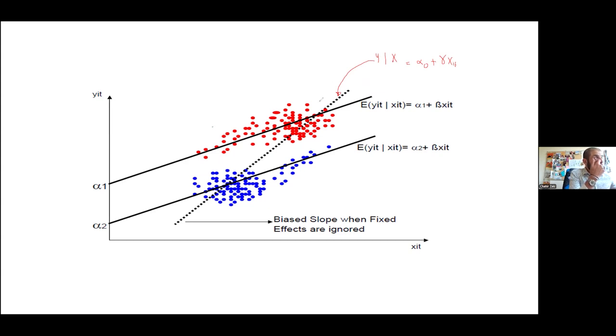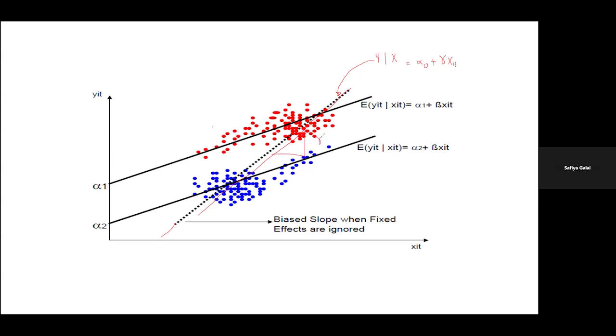Because here I just have one intercept, alpha 0. I can't show it on the graph, but in general, alpha 0 corresponds to the intercept of this line, and gamma is the slope, correct?